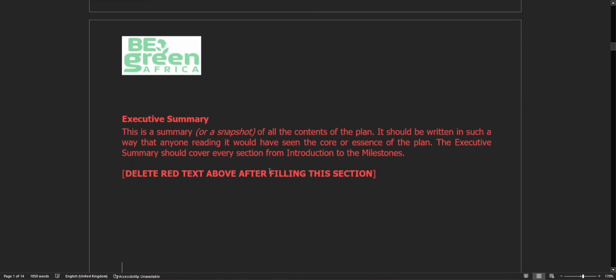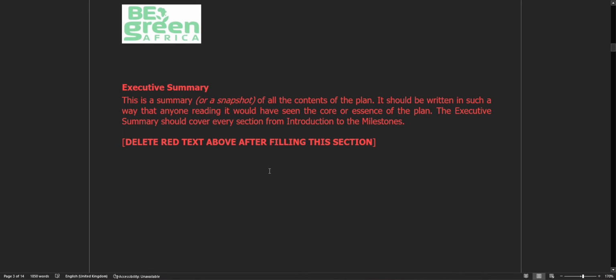This is the table of contents, executive summary. Please, when we say write the executive summary as the last thing, people think we are joking about it. It is always encouraged that your executive summary is written last. There is a reason for that. When you write your executive summary as the last thing, it gives you a clear overview of your business, and it actually helps you to cover every part of your business plan, I mean.